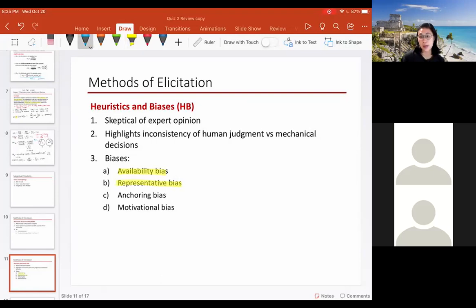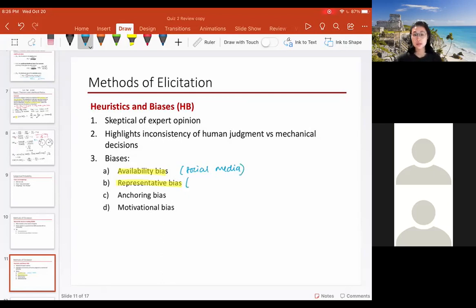So availability bias is basically, one way to think about it would be social media, right? If you're exposed to something a lot over a long period of time, regardless of whether the thing is true or not, regardless of its statistics, you're going to think that it happens a lot, right?